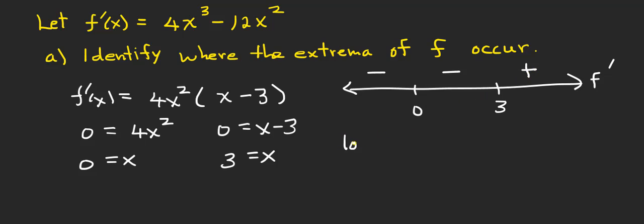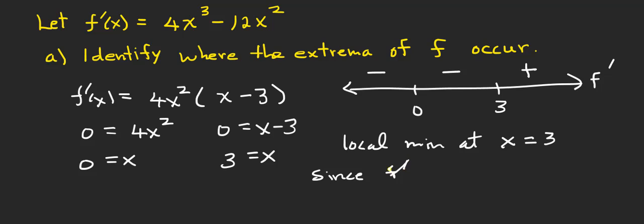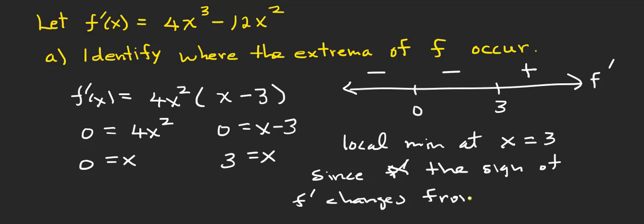So we only have a local min at x equals 3, since the sign of f prime changes from negative to positive at x equals 3. That'll be your justification.